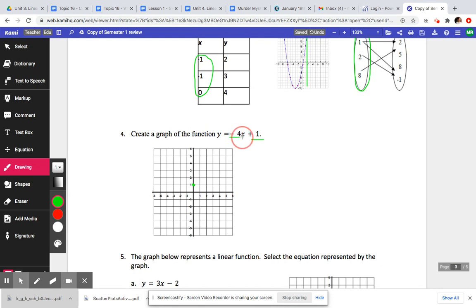If it's not already in fraction form, it's automatically over 1. So from our starting point, from our y-intercept, which is 1, rise over run, we're going to go down 4, 1, 2, 3, 4, and over 1, because our bottom number is run, how much we're going to run to the right. And that's your line. You got it right there.